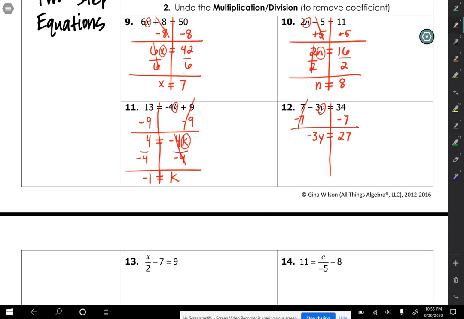Still, I'm solving for that y, and it's being multiplied by a negative 3. To get the negative 3 to go away, I need to divide by negative 3 on both sides. These cancel out, leaving me with y equals 27 divided by negative 3 is negative 9.